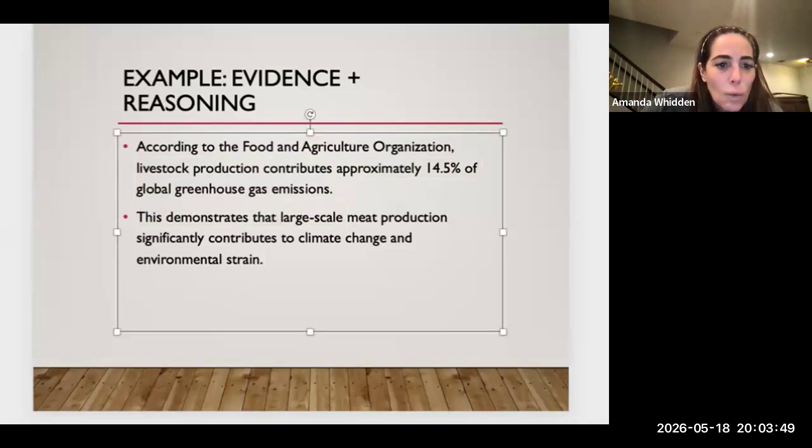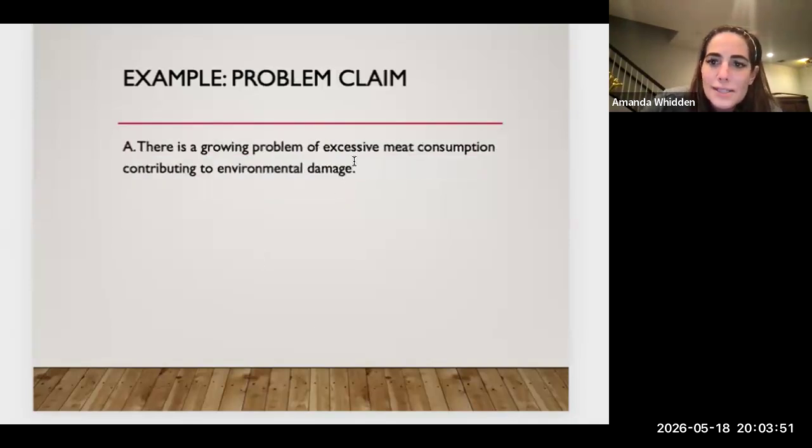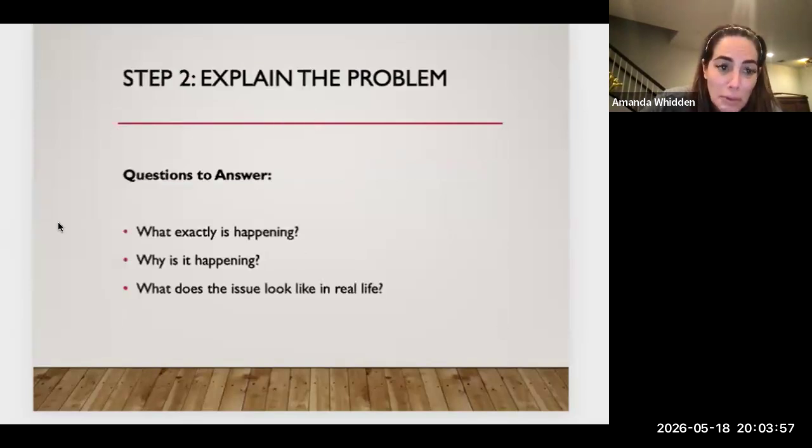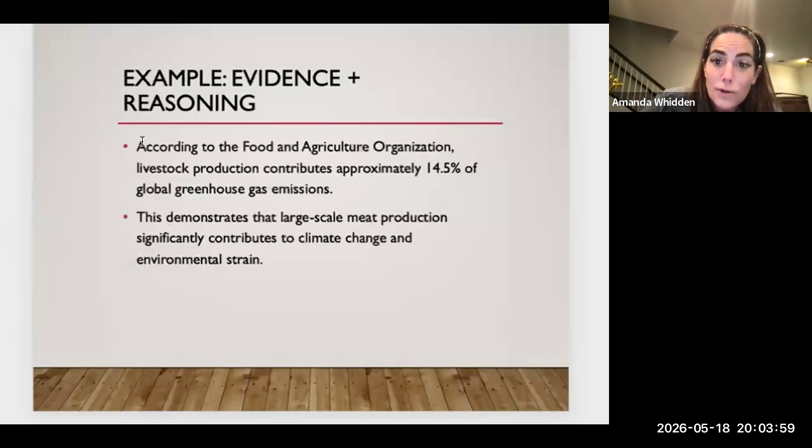Okay, well, why in the world does that matter here? There's a growing problem of excessive meat consumption contributing to environmental damage. Okay, great, right? And then we say, according to the Food and Agriculture Organization, livestock production contributes approximately 14.5% of greenhouse gas emissions. Interesting. Now we come up with our reasoning.